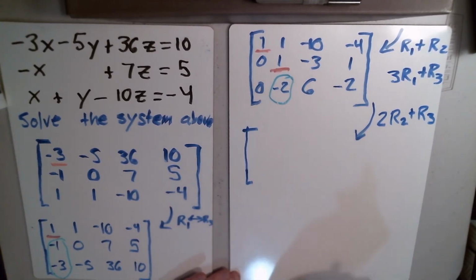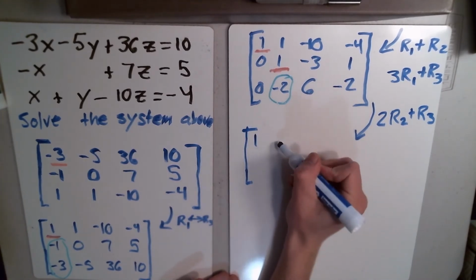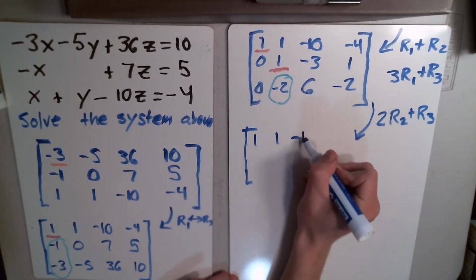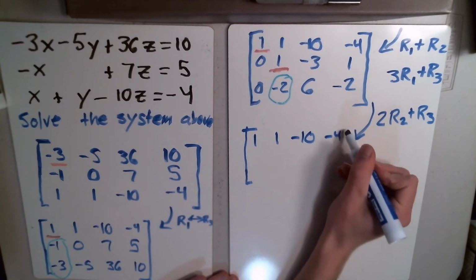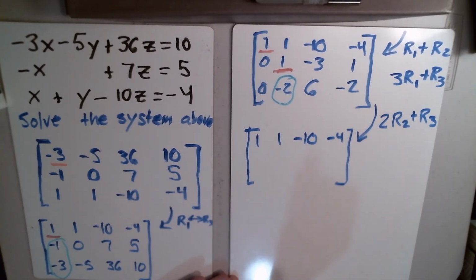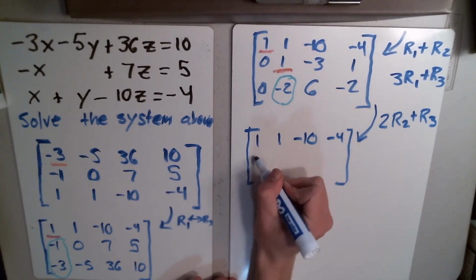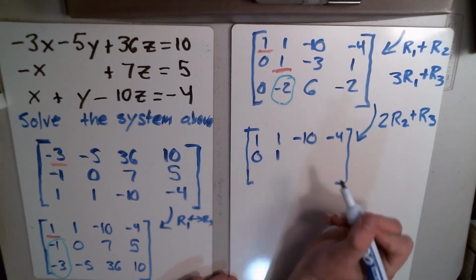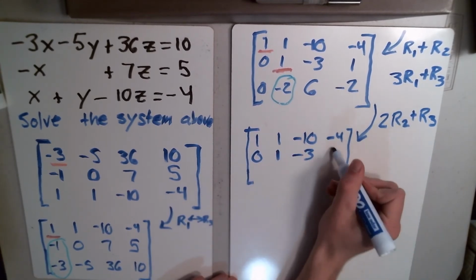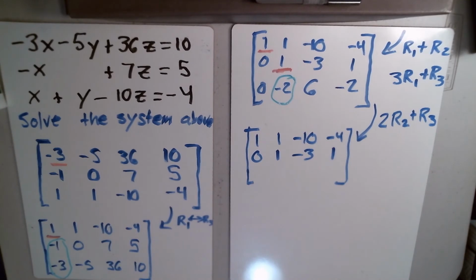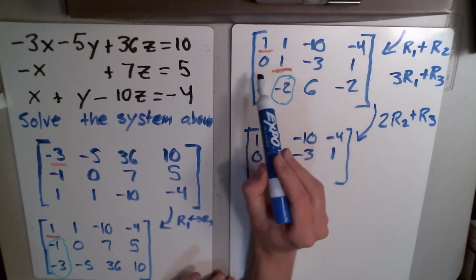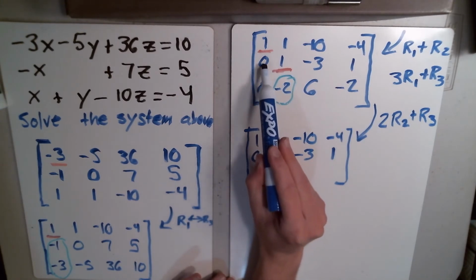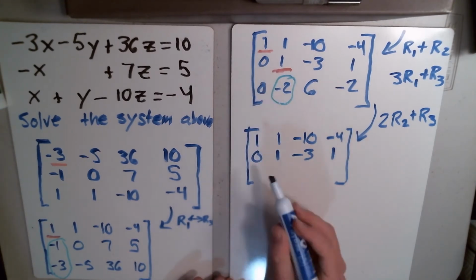Okay, draw my matrix again. We get 1, 1, -10, -4. Okay, we've got 0, 1, -3, and 1. Okay, so the only thing that's changing here is my last row. So 2 times row 2. 2 times 0 is 0, plus 0 is 0.